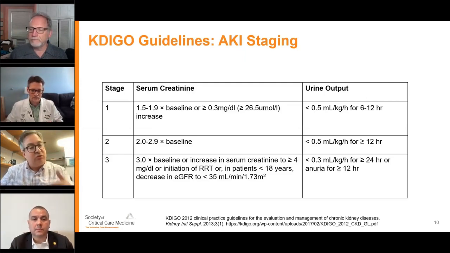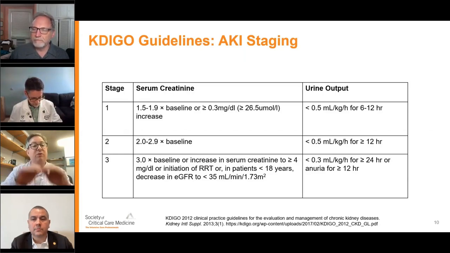The idea being that it's a 3-stage process, and the higher the stage, the worse the outcome, and that at the time that these were created, these were sort of cutting edge, and based on the available data. I think my expectation is sometime over the course of the hour, we're going to talk about how maybe these specific guidelines around urine output are perhaps due for a revision as part of the larger revision of the KDIGO AKI care guidelines that is currently taking place.